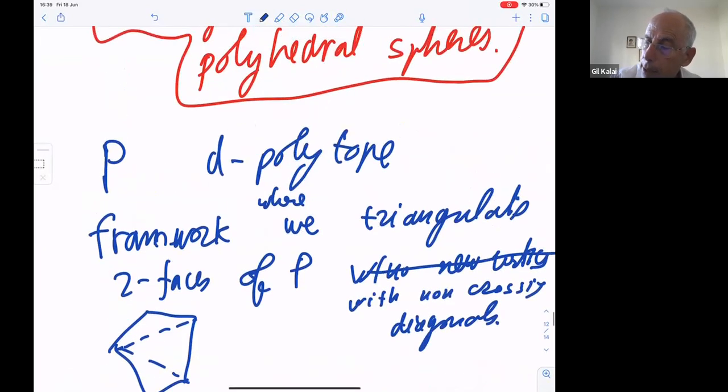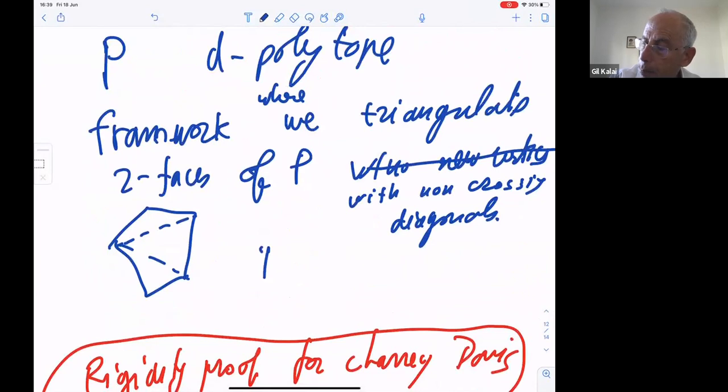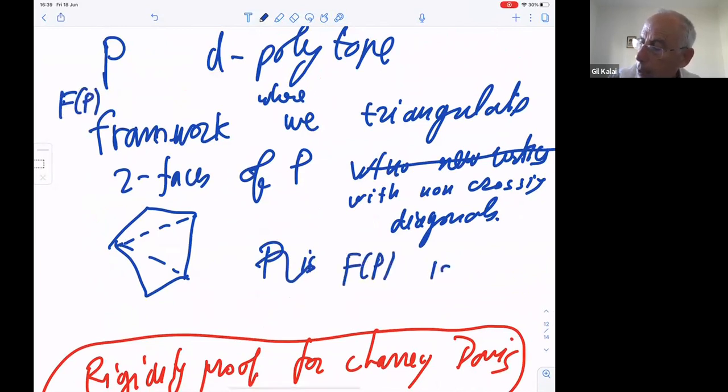And then the theorems assert that P is, okay, this framework, so let's call it F of P, is infinitesimally rigid.